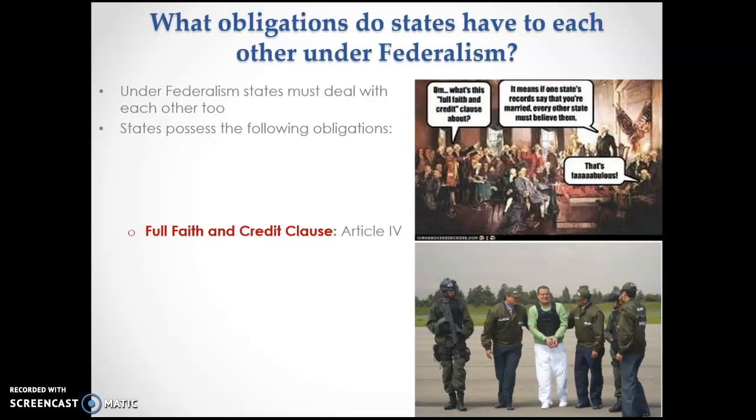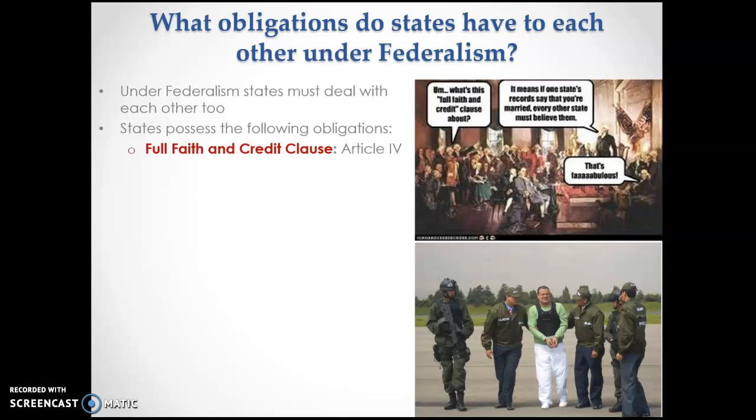And so the first obligation we're going to look at is something called the full faith and credit clause. This is Article 4 in the Constitution that pretty much expressly says that anything that you do in another state that's legal and creates a legal record, like a contract or a purchase or something like that, must be recognized in other states.